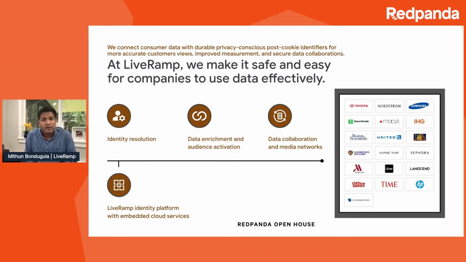This is where LiveRamp helps. We make it easy, privacy safe, and secure to collaborate across the organization using identifiers that are both consistent and stay the same over a period of time.